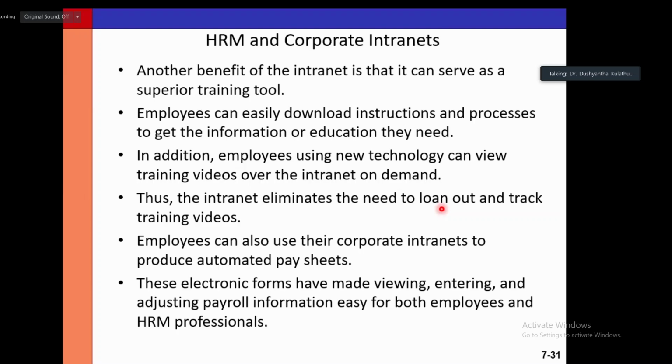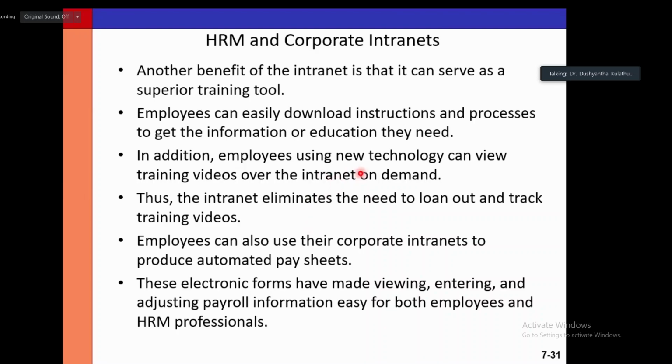Usually when you have a physical video, there will be a limited number of copies available, and there can be a situation where you are not in a position to borrow a training video because all have been borrowed by other employees. But when you have this service on demand, you have only one copy, but all employees may be in a position to watch the video at the same time.